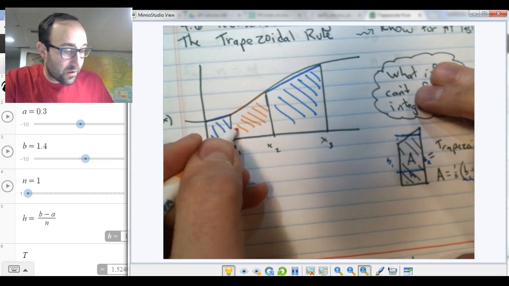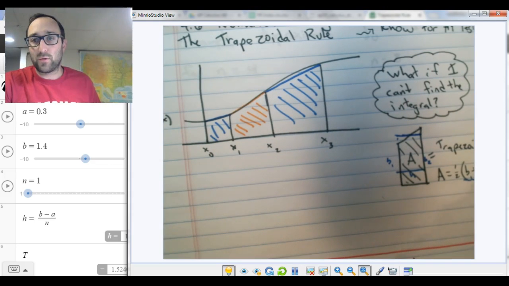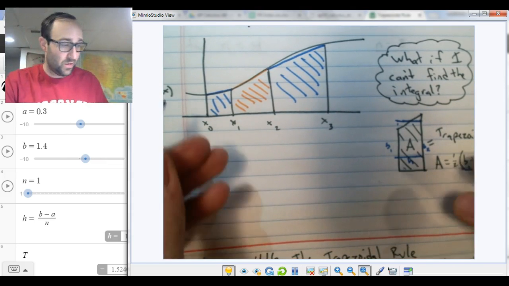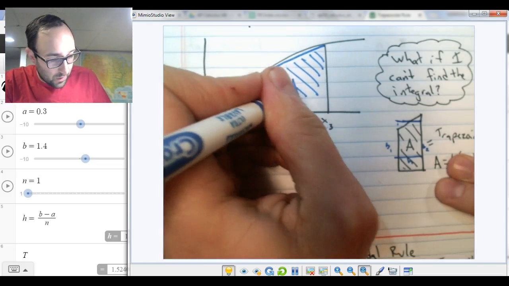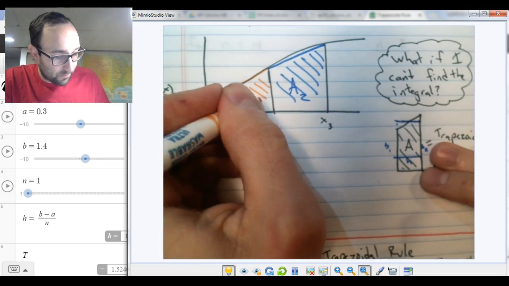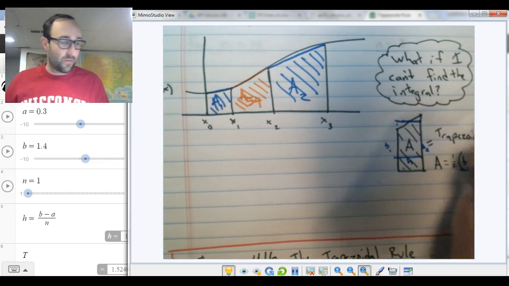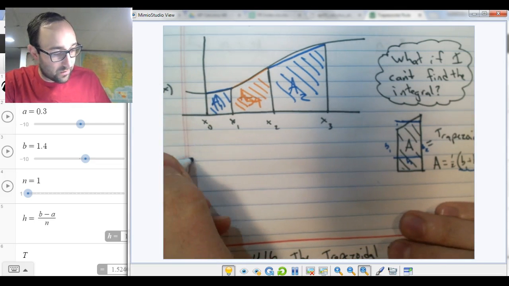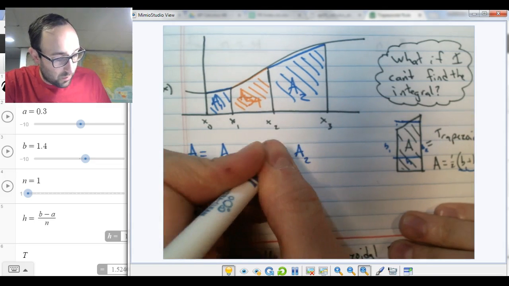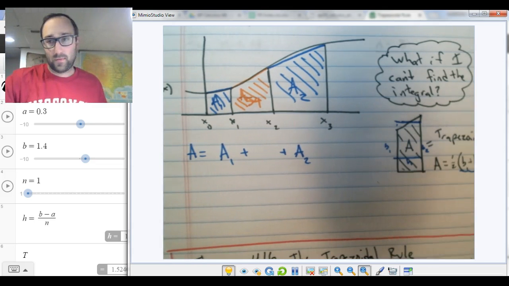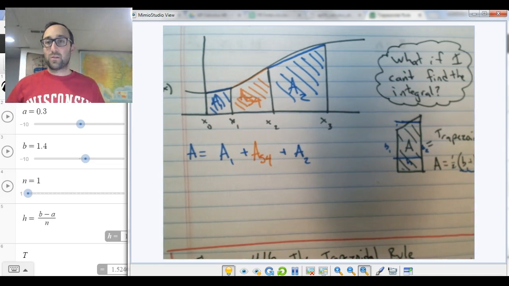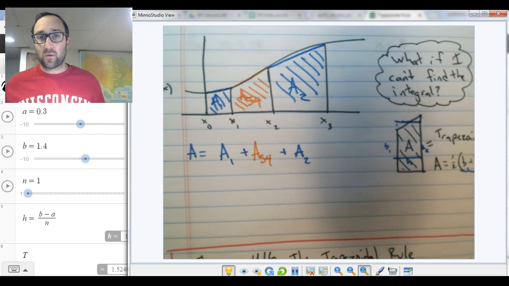If I want the area under the curve for all of them, I would just add the blue and orange areas together. So let's call this area 1, area 2, and let's call this one area 54. The area under this curve would equal area 1 plus area 2 plus area 54. Then you just add up all the different trapezoids, and then you really have it.